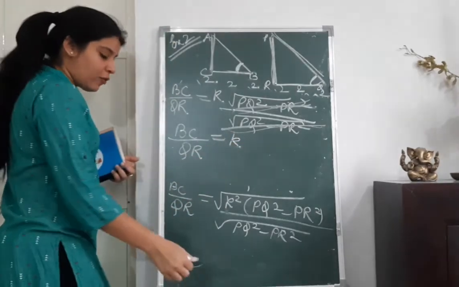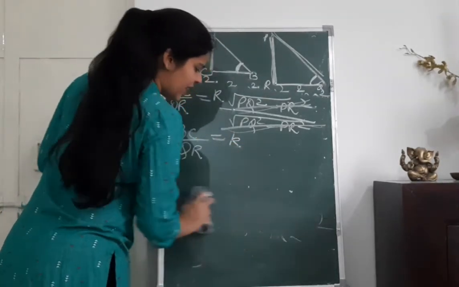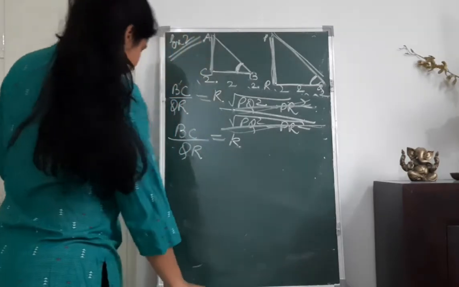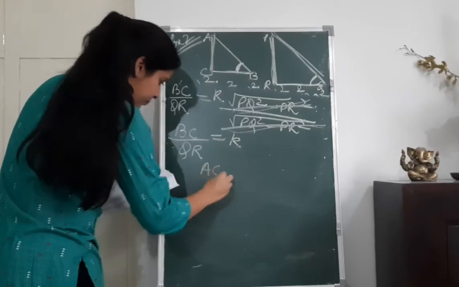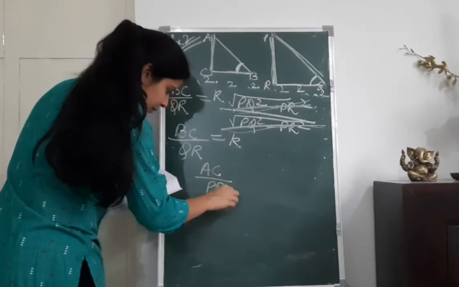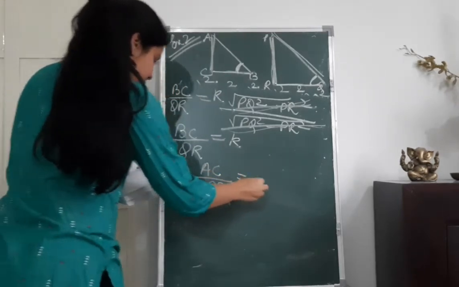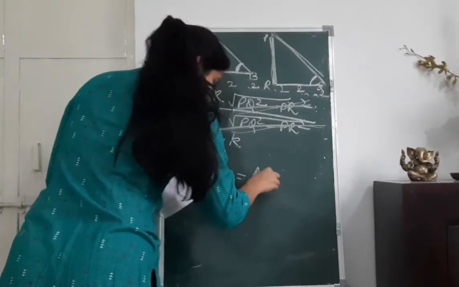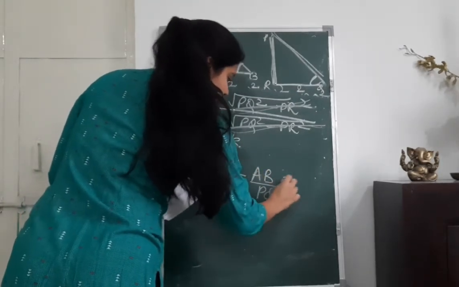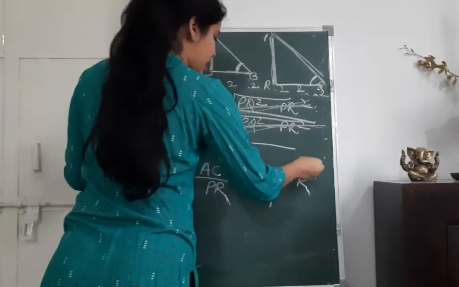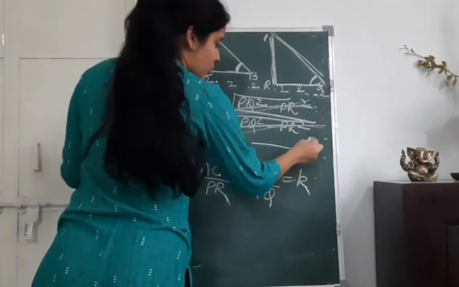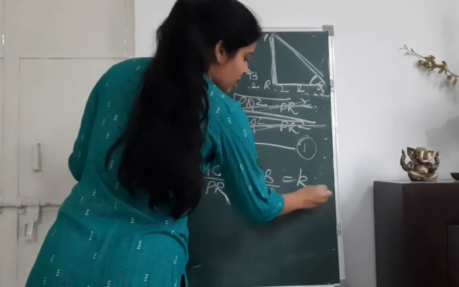And now from our previous equations, I have already seen that AC upon PR is equals to AB upon PQ, which is also equal to K. So let us say this equation as 1 and this equation as 2.